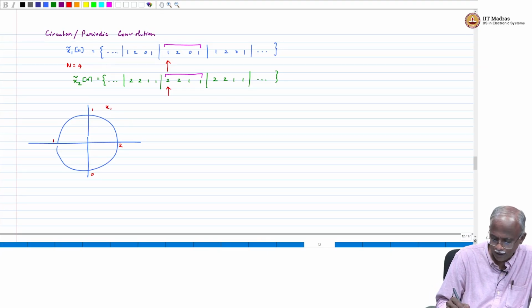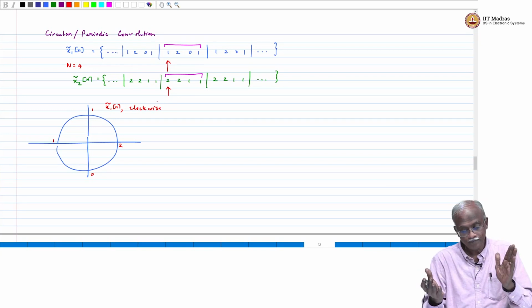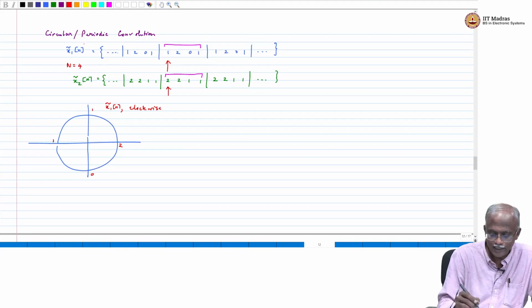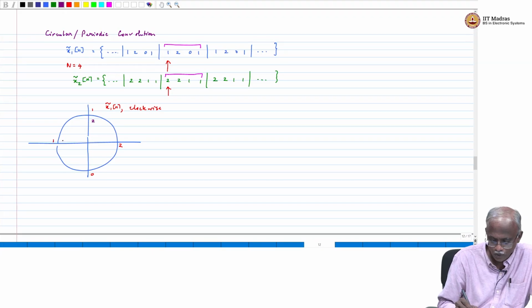Now x2 of n has to be time reversed, so we write it inside the circle in a counterclockwise fashion: 2, 2, 1, 1.